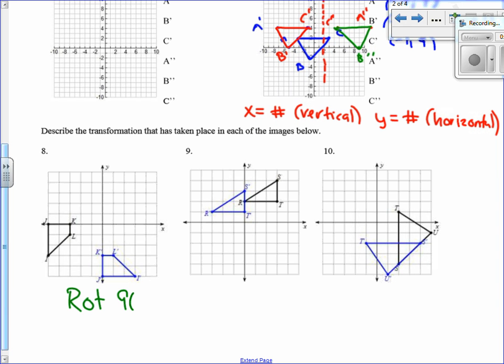rotation, and clockwise. And what is that? So this was the original one, so it's left 1, 2, 3, down. And then this one.